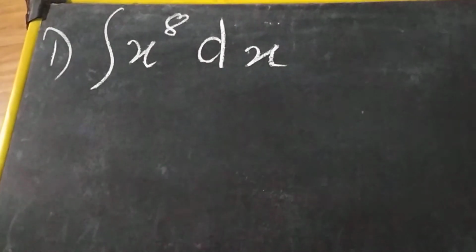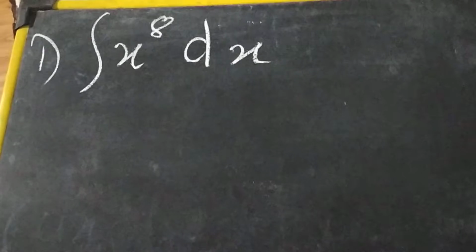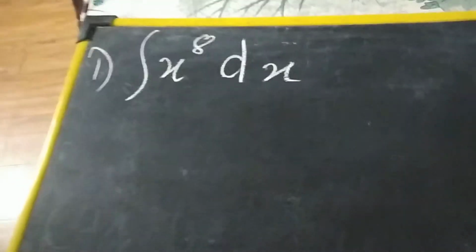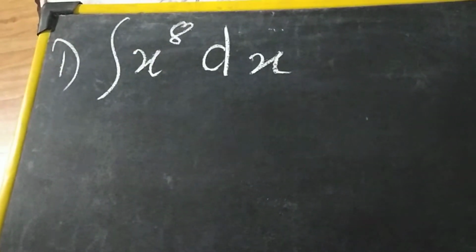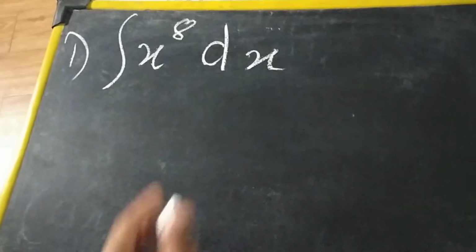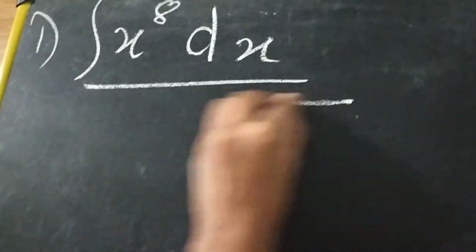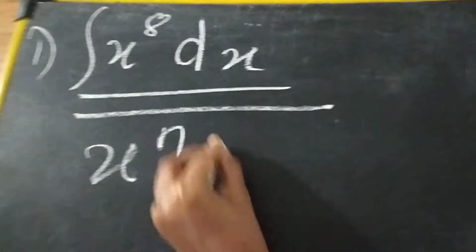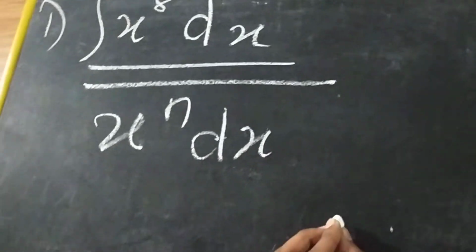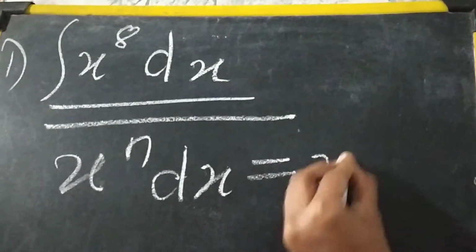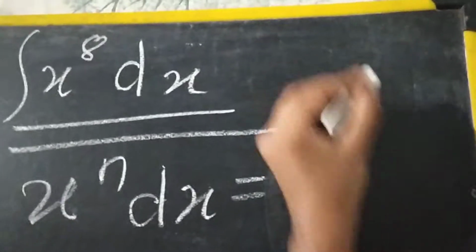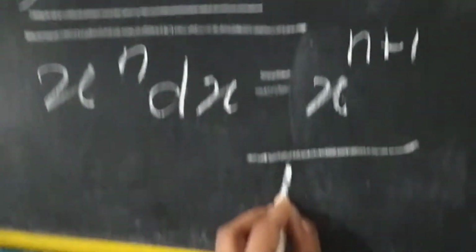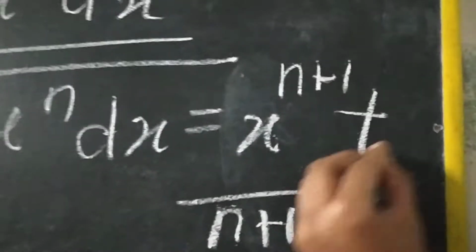Now before going further, let us try to solve these first. The question is integration of x raised to 8 dx. Try to relate this with your formula. Your formula was integration of x raised to n dx equal to x raised to n plus 1 upon n plus 1 plus c.